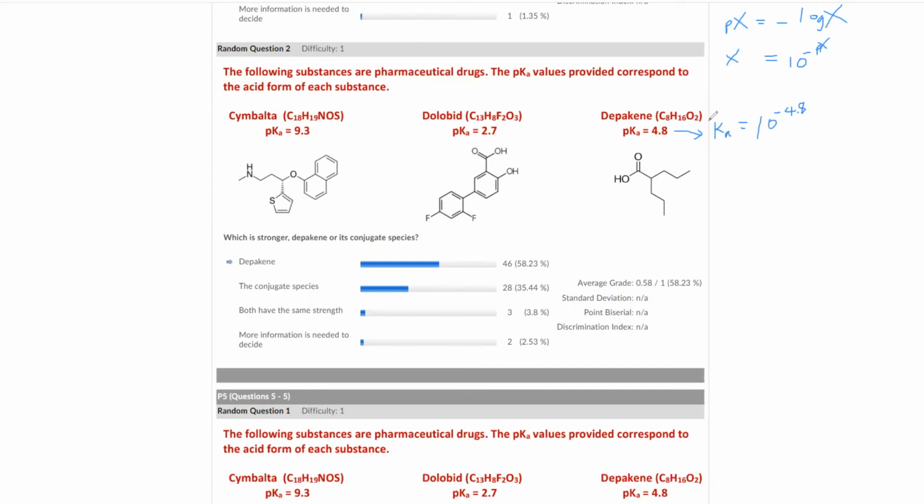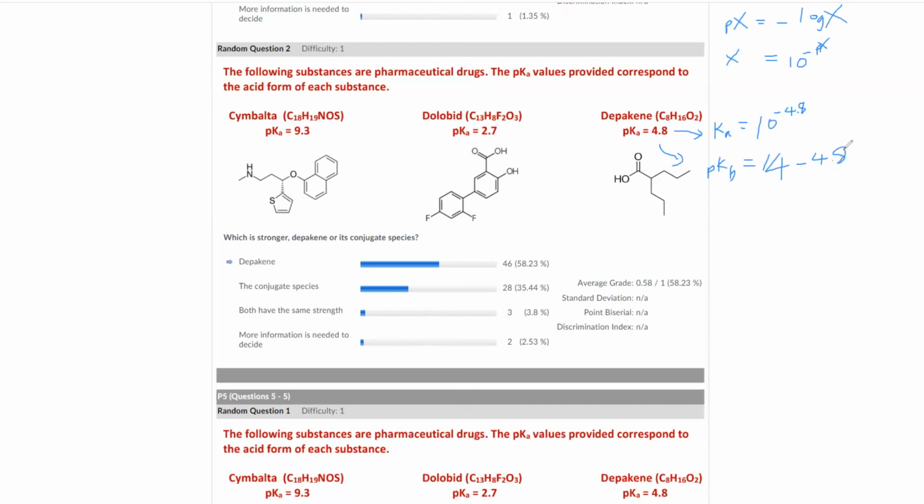Anyway, so Ka is this. Since we're given the pKa, we can find the pKb. The pKb should be pKw minus pKa, which is 14 minus 4.8.